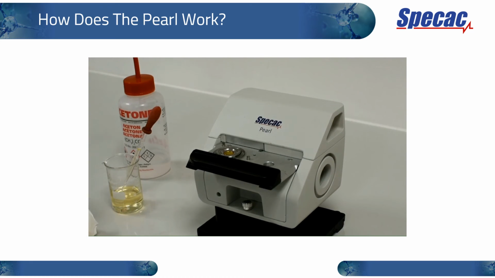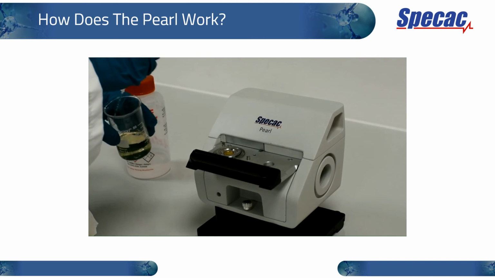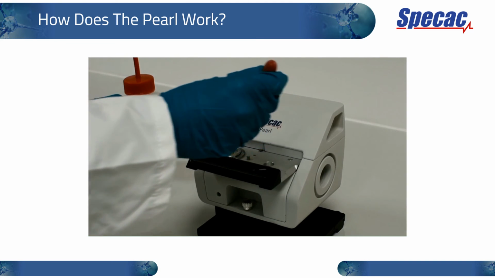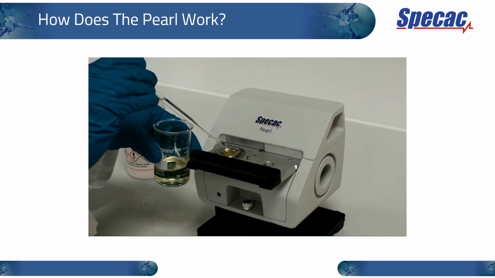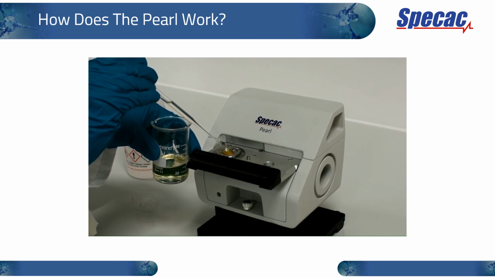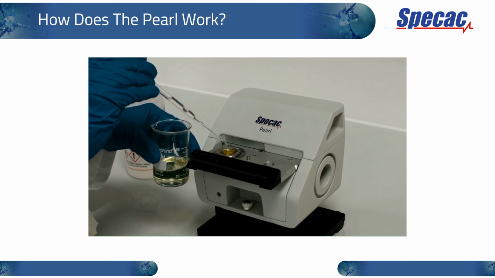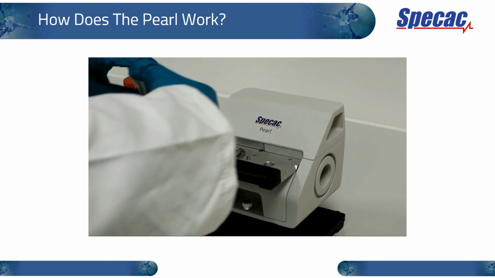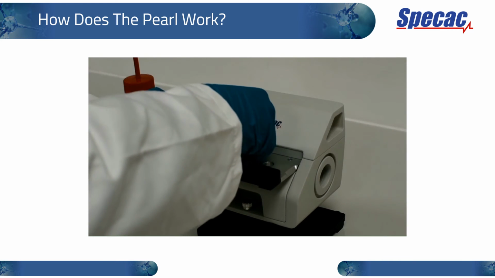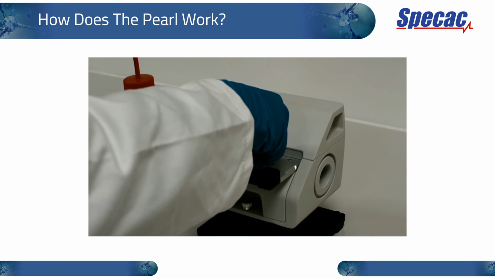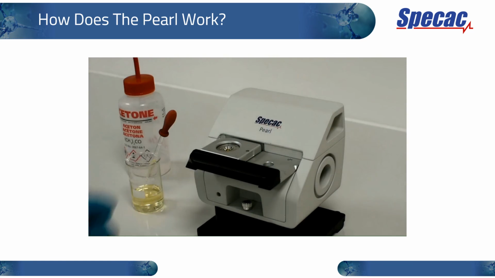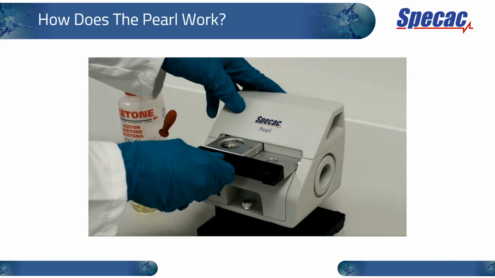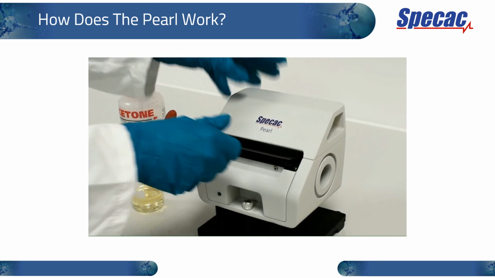You can then spot your sample onto the window and then install the top window to complete the cell. Then close the drawer and your sample is ready for measurement.